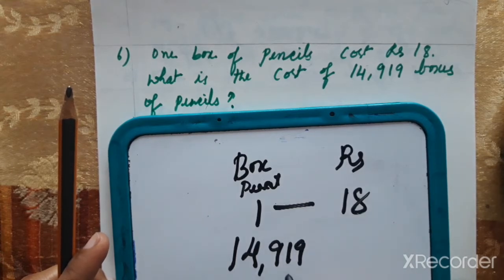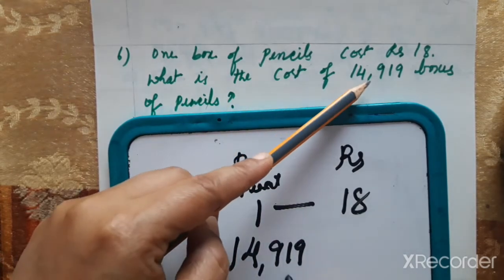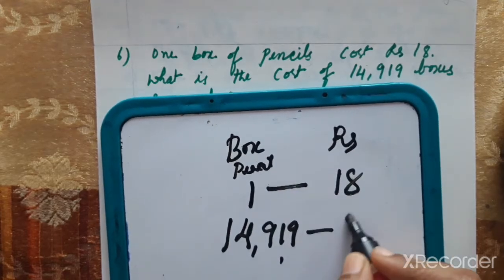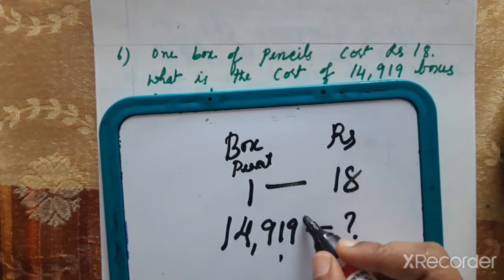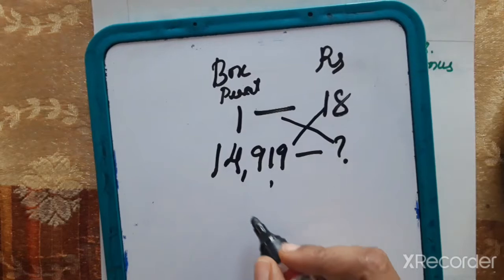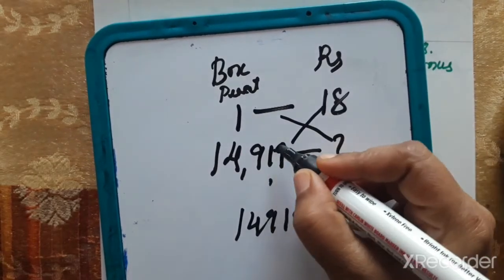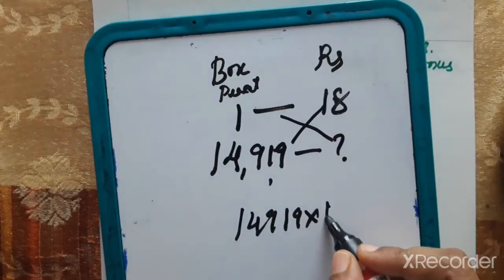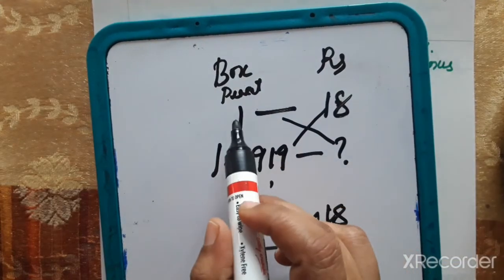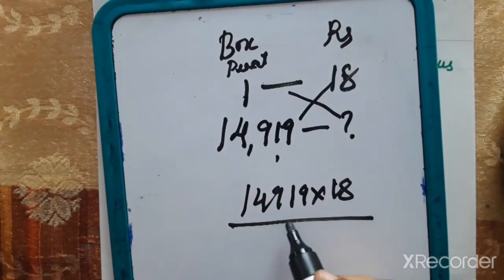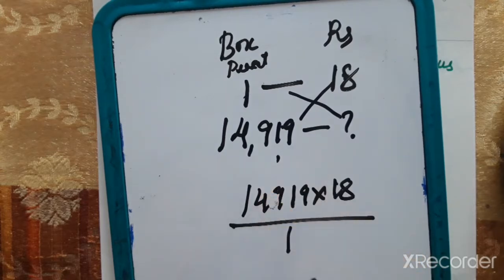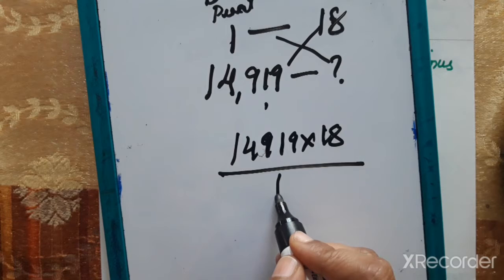We have 14,919 boxes of pencils. Cost is how much? So cross multiply. 14,919 into 18 by 1. You should learn this method, children. If it is 1, there is no need to write it.